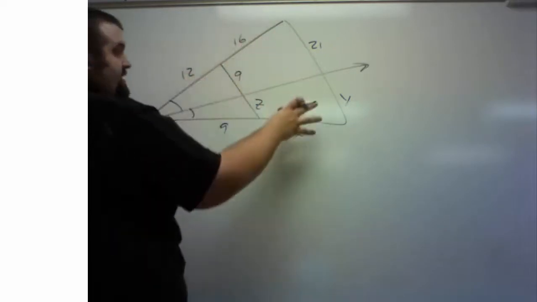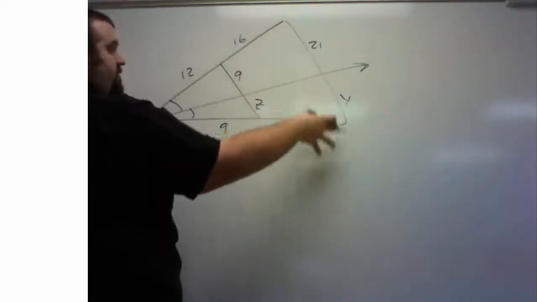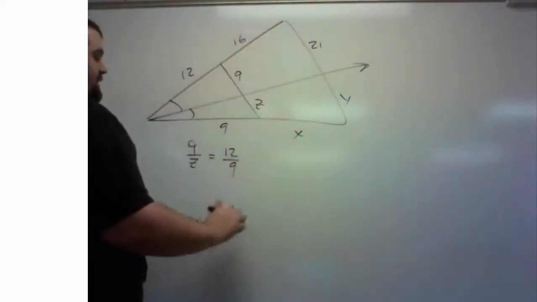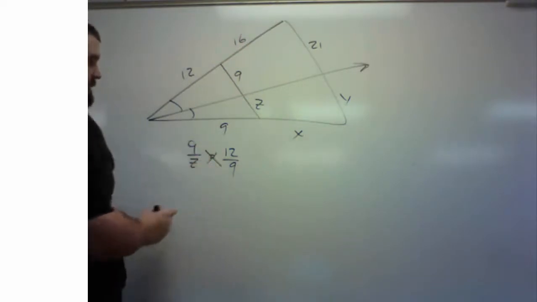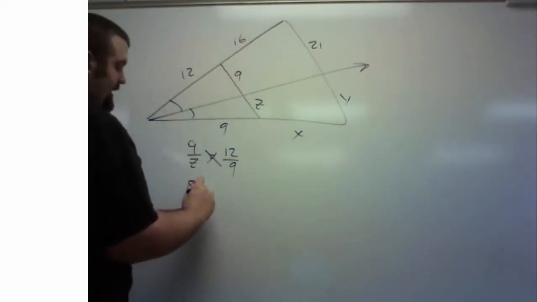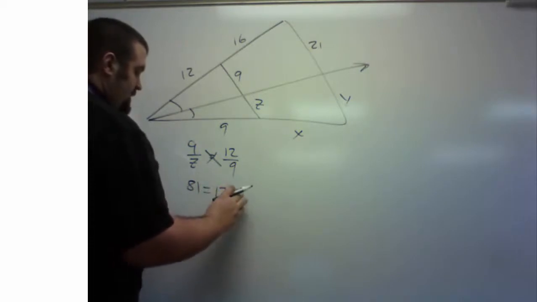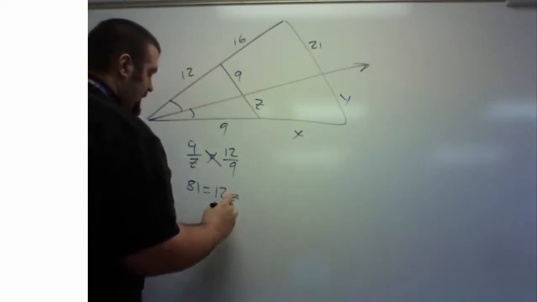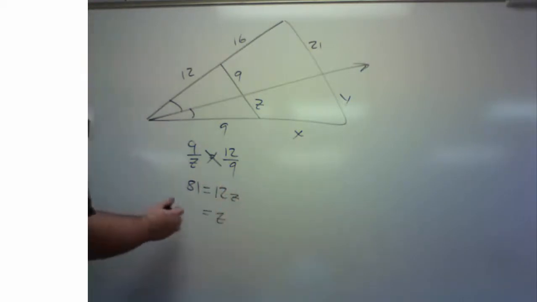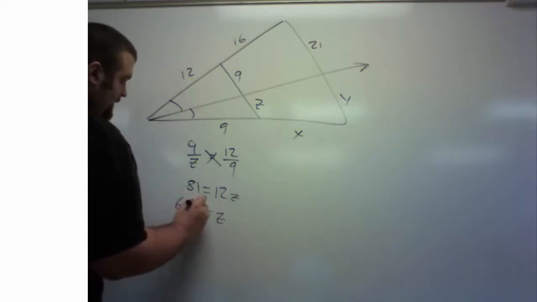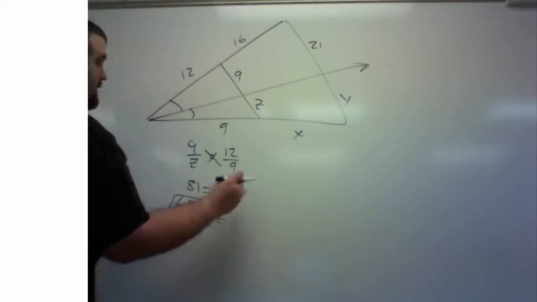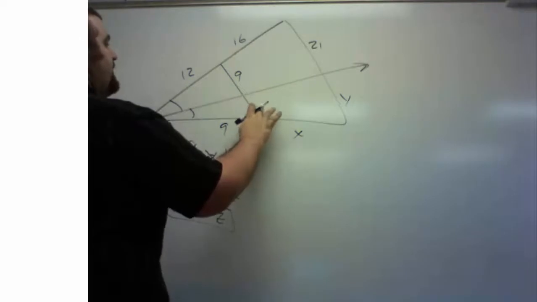I basically ignored this entire part where my hand is. And once I have my proportion set up, I just cross multiply. 81 equals 12z. Divide both sides by 12. I get 6.75. Once I find that, let's put 6.75 here.